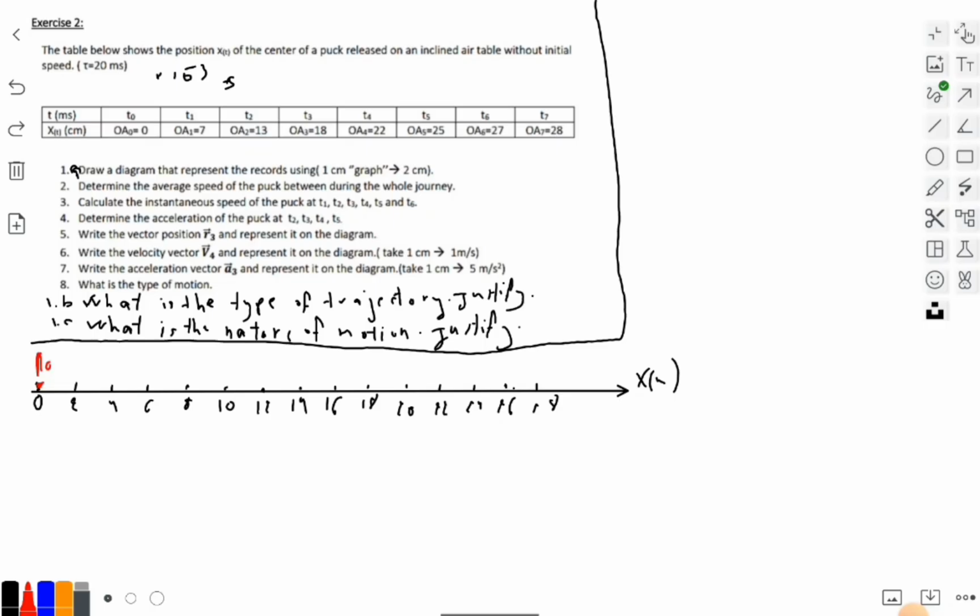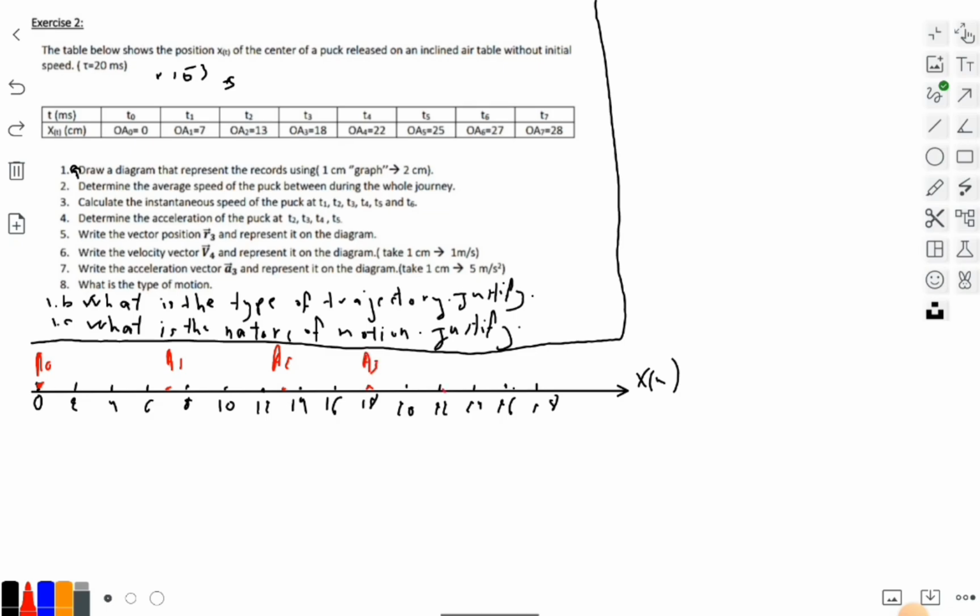A1 is on the 7 centimeter, this is A1. A2 on 13, this is A2. A3 on 18 centimeter, this is A3.